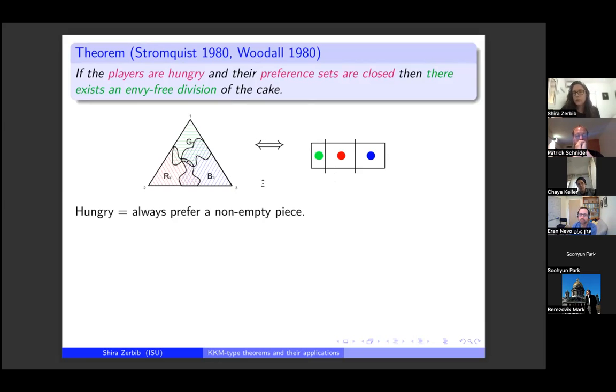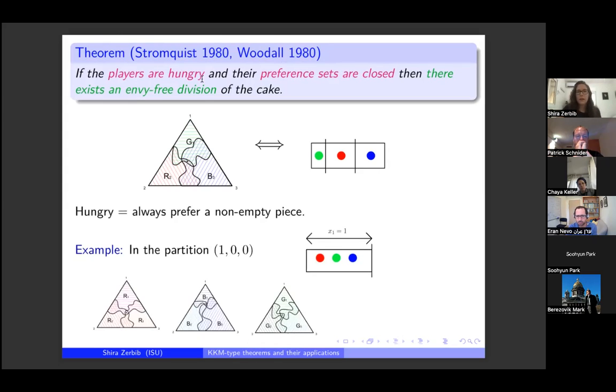So what we just have to make sure is that the conditions of the colorful KKM theorem hold, and these are exactly the conditions of this theorem. So let us see that the hungry player condition is exactly the KKM covering condition. Here is an example. Let us look at the partition (1,0,0). In this partition, the first piece is of length 1, and the second and third pieces are of length 0, so they are empty.